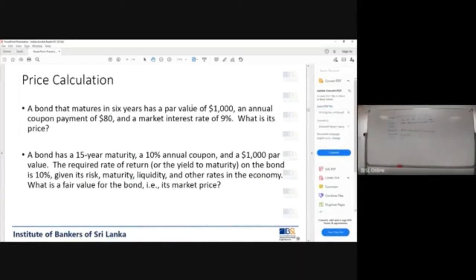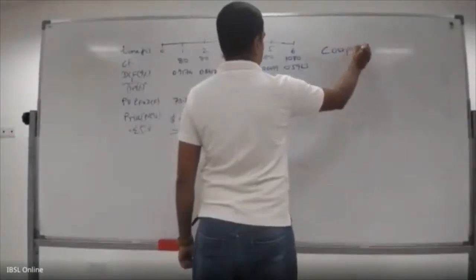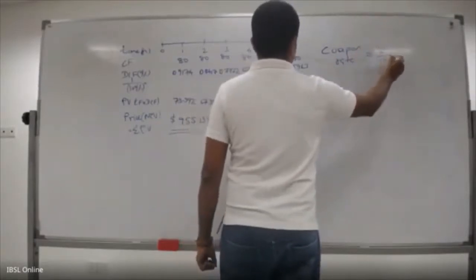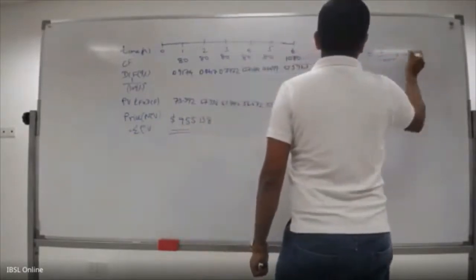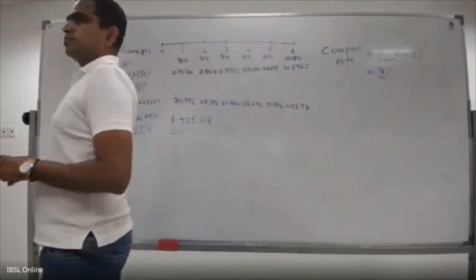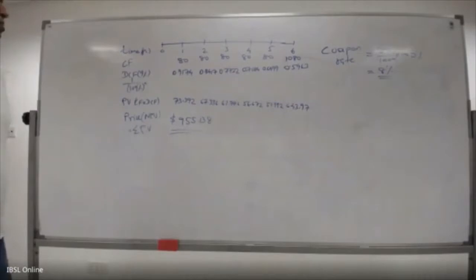So that means the coupon rate is 8%, and the yield is 9%.